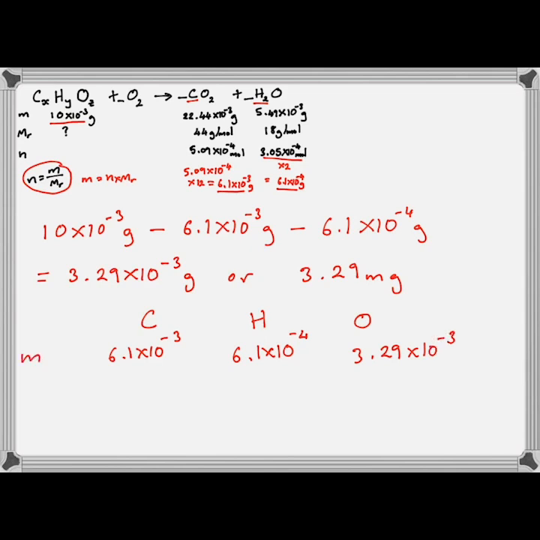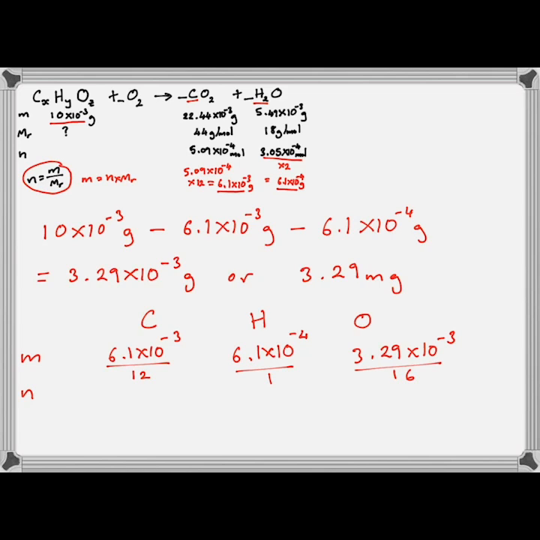This is a mass. We can work out a number of moles by dividing by the MR of these, so that one divided by 12, that one divided by 1, and that one divided by 16. And then we have a ratio in number of moles for these three elements.